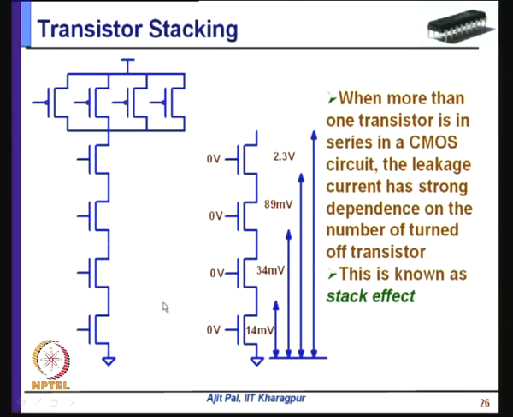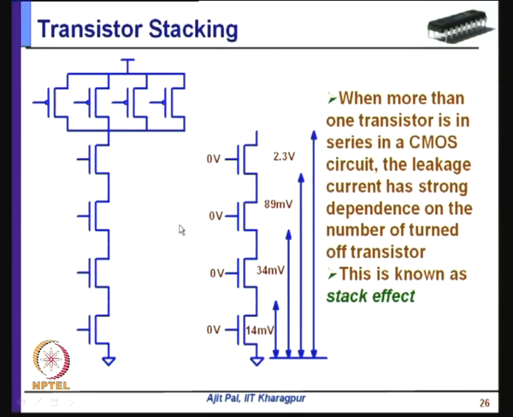As I told, this is one of the standby leakage power reduction techniques, that is transistor stacking. Here this is a 4 input static CMOS NAND gate.